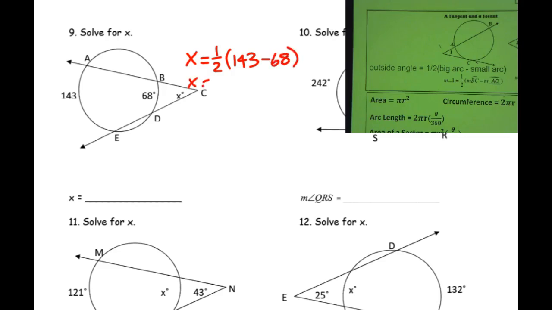So x equals 1/2. 143 minus 68 is 75. And then half of 75 is 37.5 degrees. Alright.